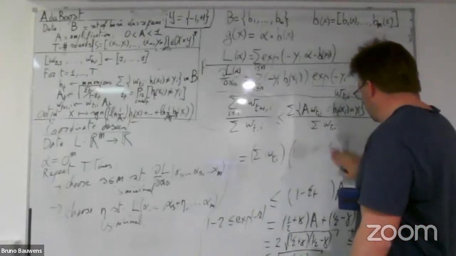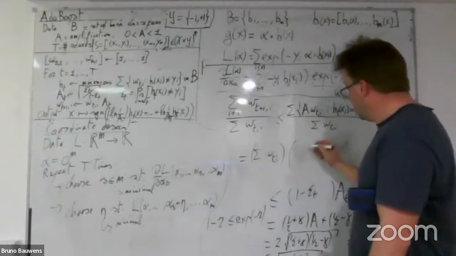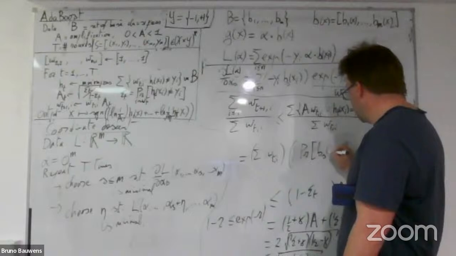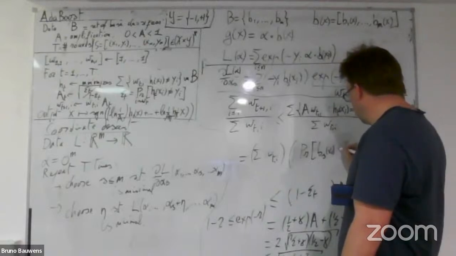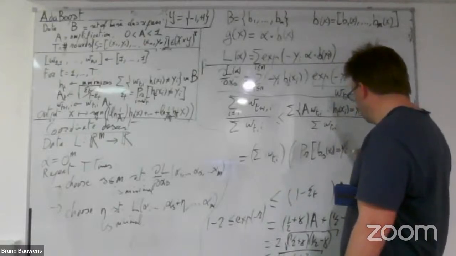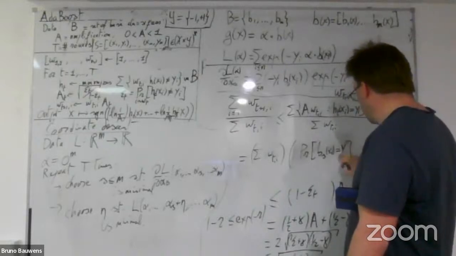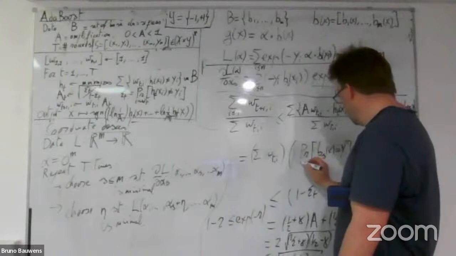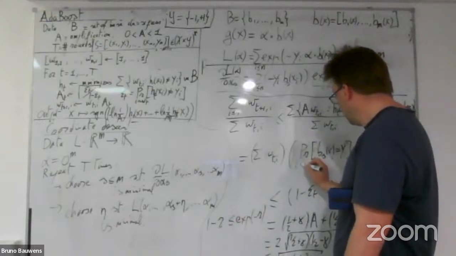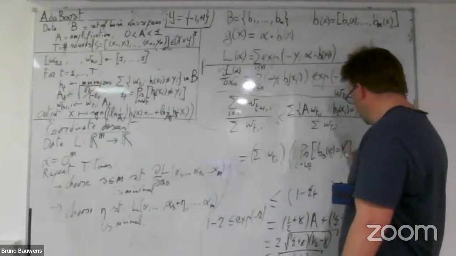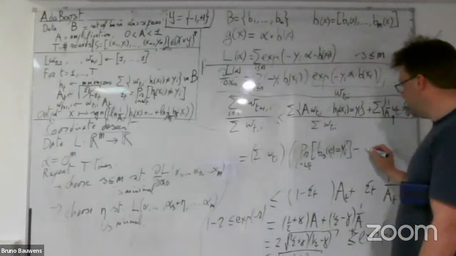So this is equal to the probability that b_s of x_i is not equal to y_i.